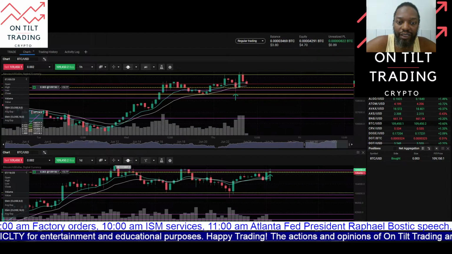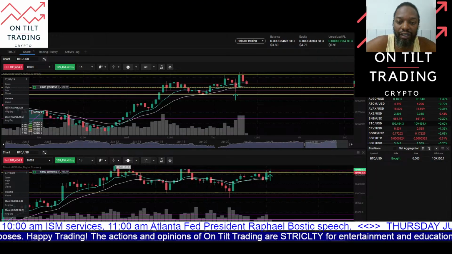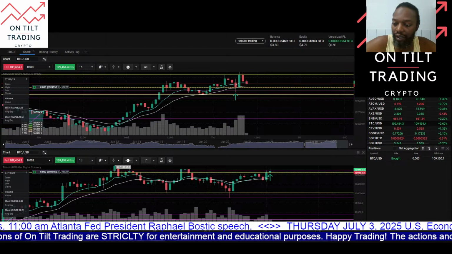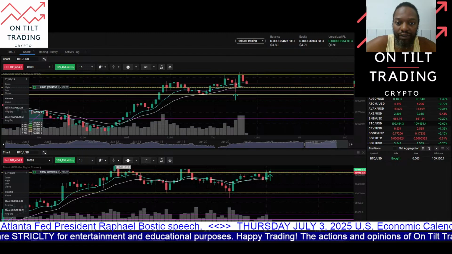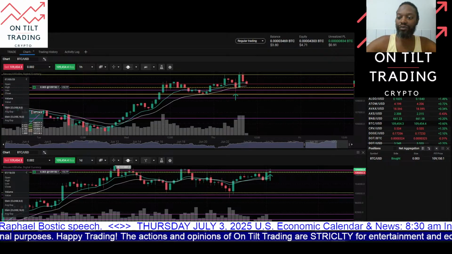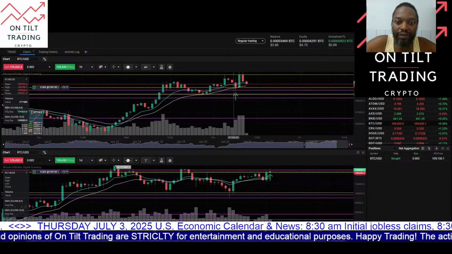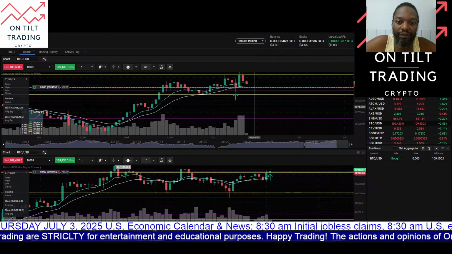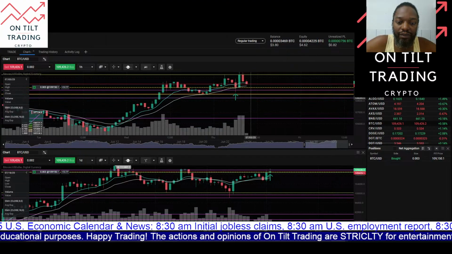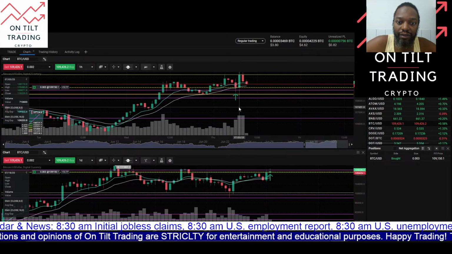If this level is lost, then I may exit the trade, as nothing's stopping it from completely selling off the rest of the way. So I may move my stop up to a protective stop, just in case price comes back lower than here. I would anticipate this to actually fail, so I'm going to move my stop up now.